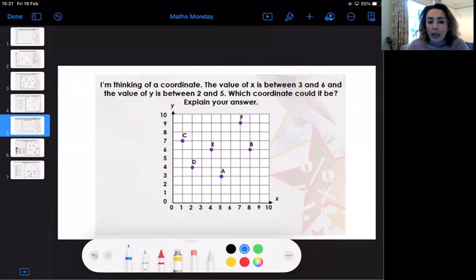The value of y is between 2 and 5. Again, write down your possibilities. What could the number be? Then you need to see whether any of those coordinates match any of these and give me an explanation. So pause the video now, work out what the possibilities are, and have a go at answering this question.